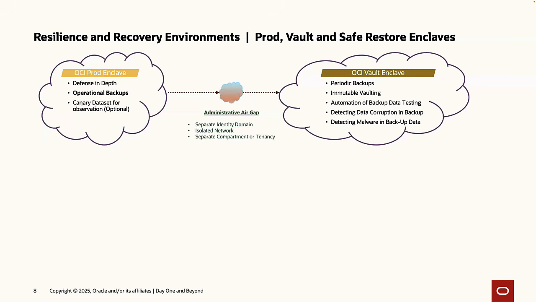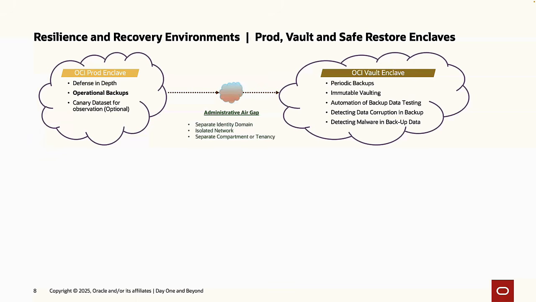And then the vault enclave can either be instantiated as a separate compartment within a single tenancy, or we're seeing a larger trend of customers wanting to actually stand up a separate tenancy altogether, because that provides another layer of protection, because those are isolated enclaves within Oracle, within OCI itself.